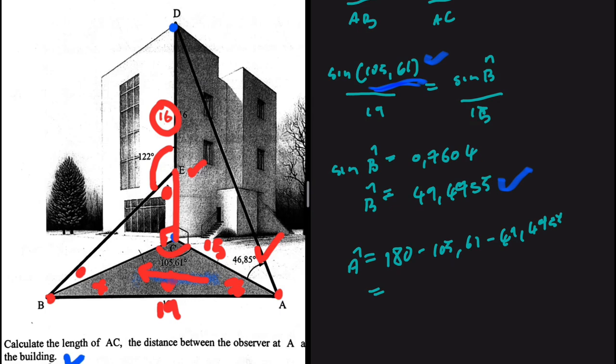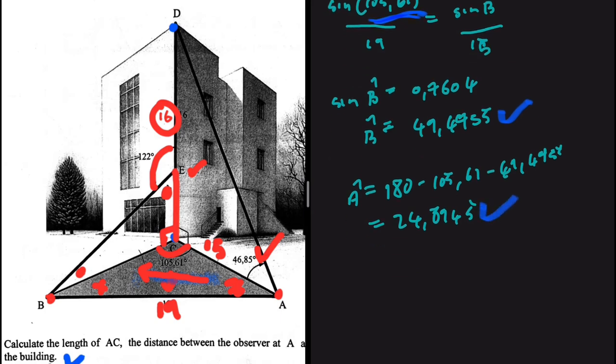So allow me to put that in my calculator. 180 minus 105.61 minus 49.4955. I'm getting 24.8945. So now we will use angle A to find CB, right?